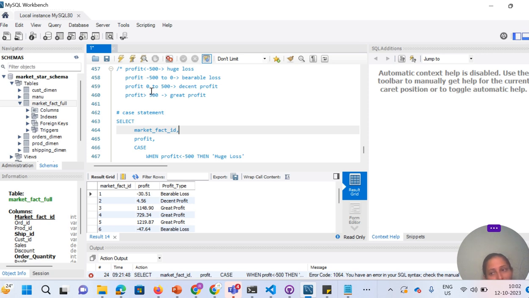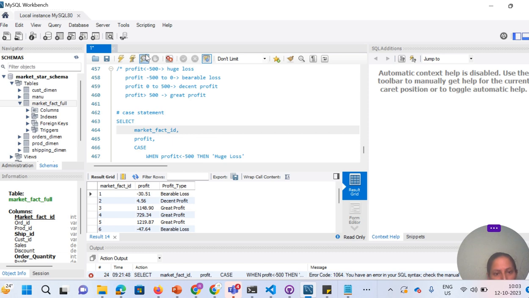If profit is 0 to 500, then decent profit. If greater than 500, then it's a great profit. We have to fetch the result: what the profit is in our market fact table, or in any table you want to fetch the data from.